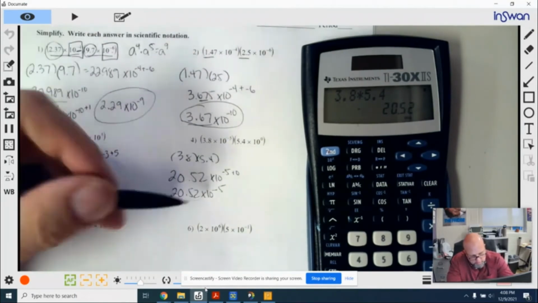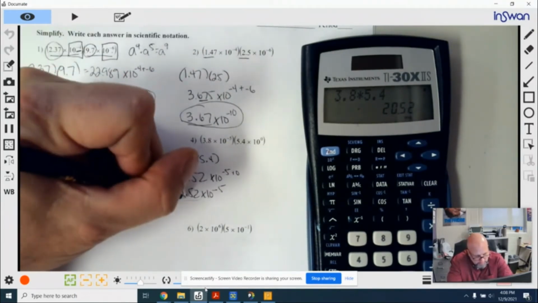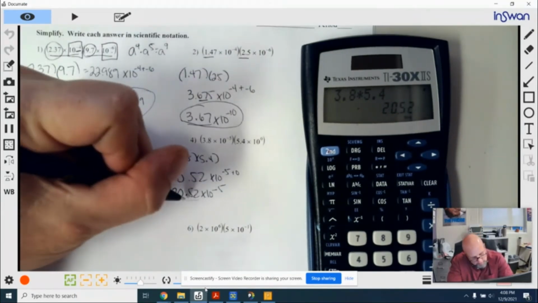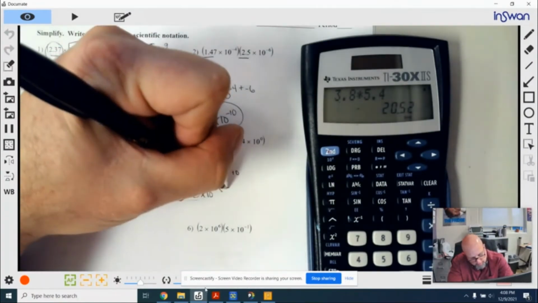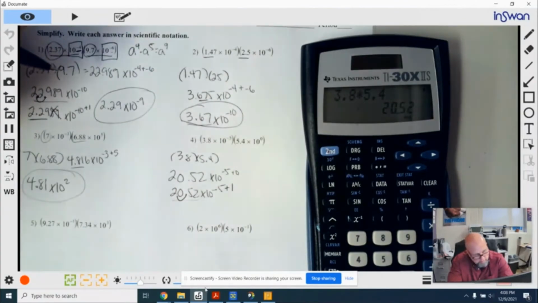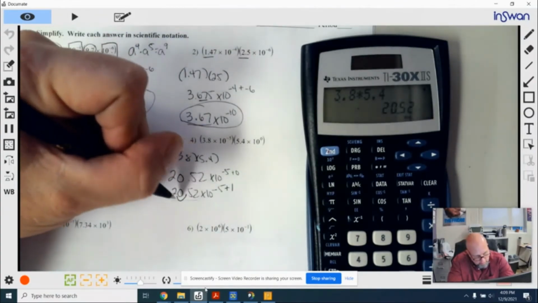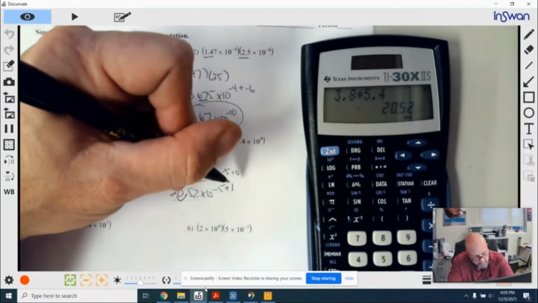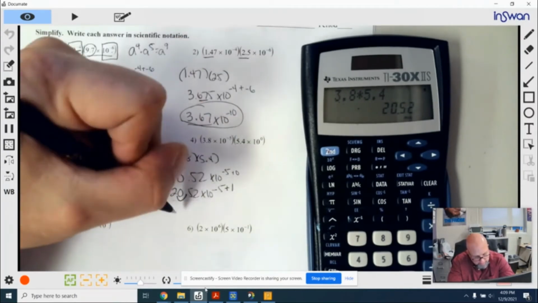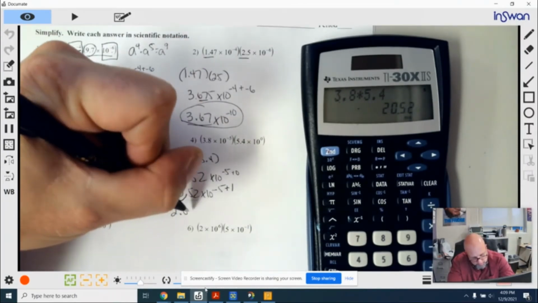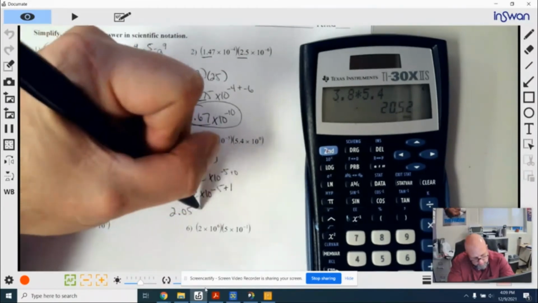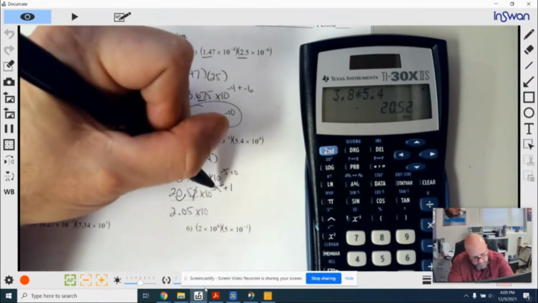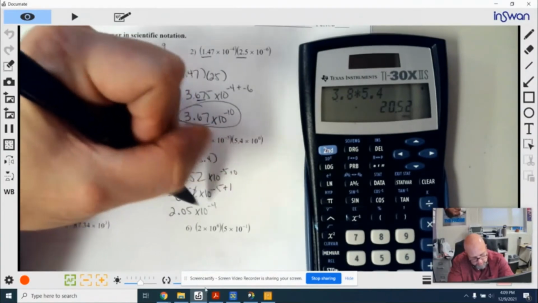But this base number, it's too big. It's larger than 10, so I need to adjust that decimal. So I'm going to move this decimal back 1, and when I do that, that means I need to add 1 onto that exponent. So for every place that you move back, you're going to have to add that many spots onto the exponent. So I'm going to say 2.05, and I'm going to just leave off that 2 times 10. Negative 5 plus 1 is negative 4.